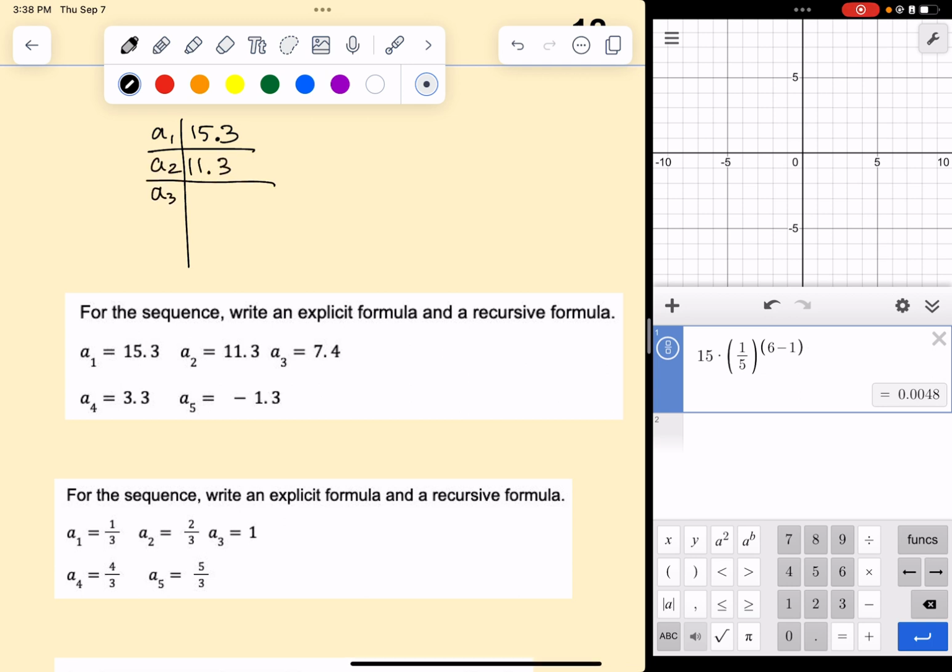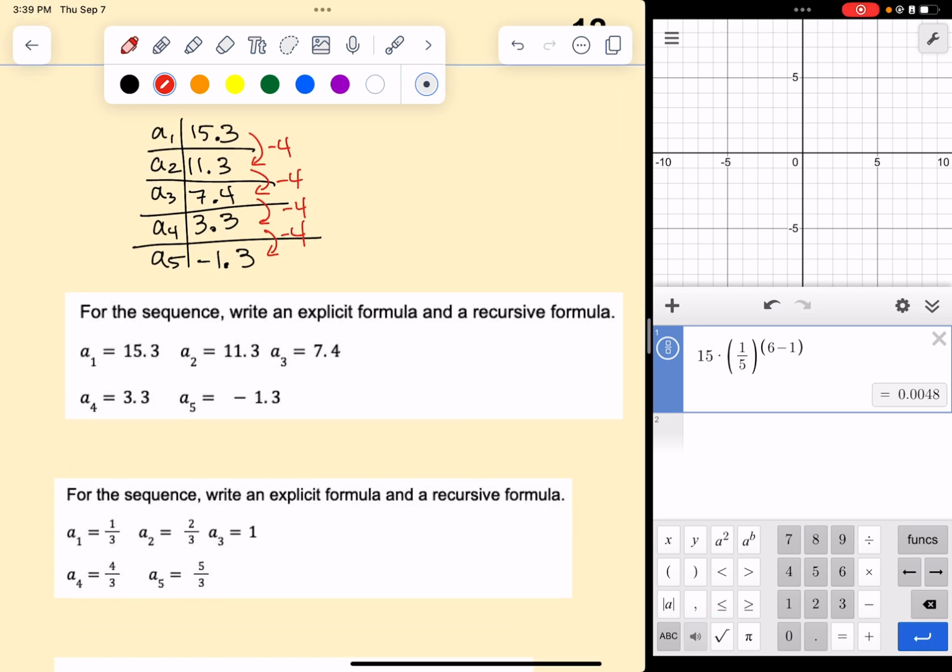A3 is 7.4. A4 is 3.3. And then A5 is negative 1.3. If you notice, we are subtracting 4 each time. That is our pattern each time, subtracting 4. So this is arithmetic.